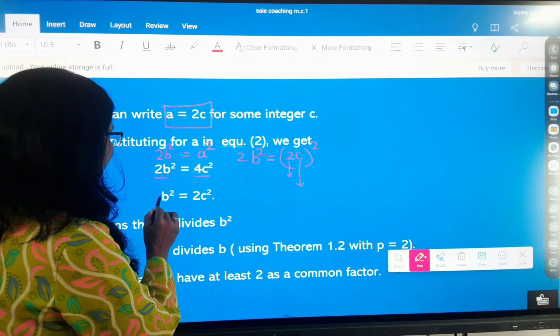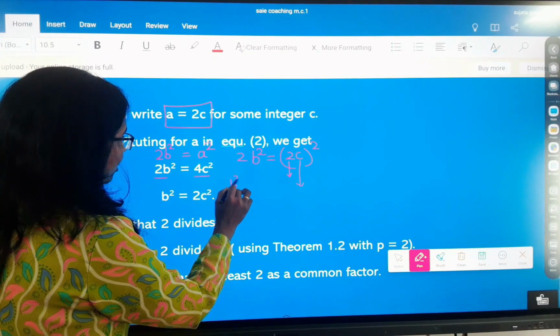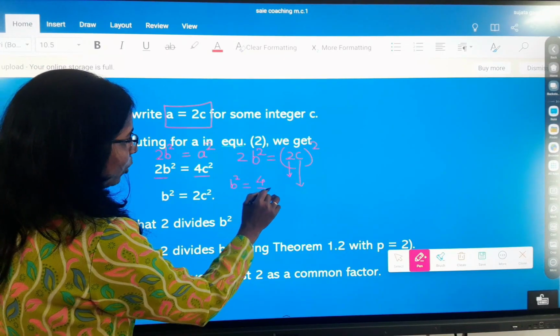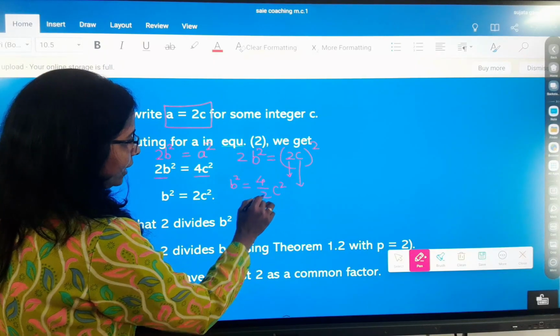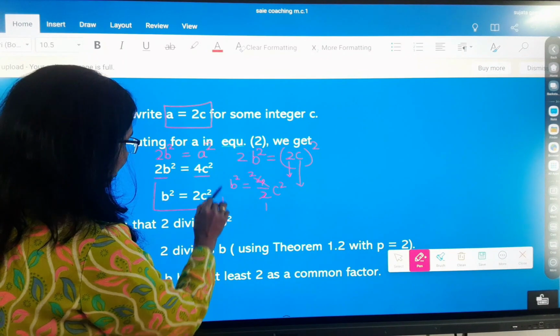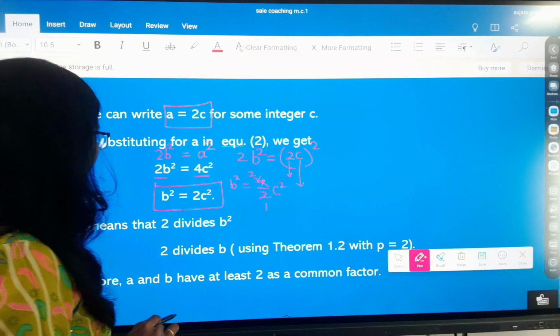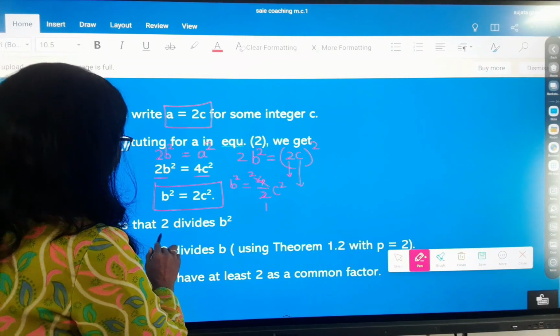Okay, so now dividing both the sides, B square is equal to 4 upon 2 C square, that means 2 ones are 2 and 2 twos are 4. That means B square is equal to 2C square. So from this we observe that 2 divides B square.